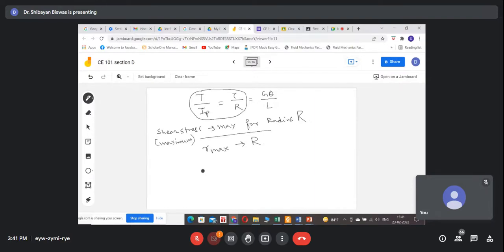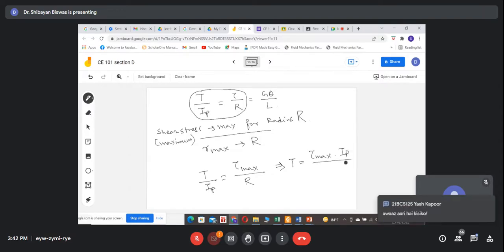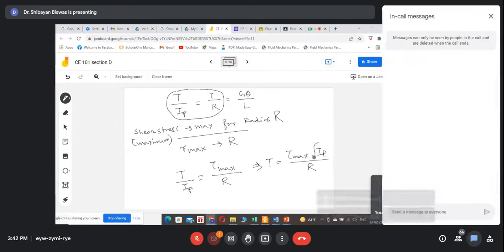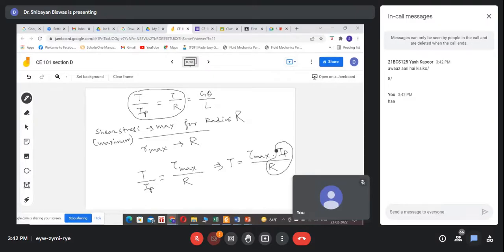So if we rewrite this portion, T by IP is equal to tau max by R, or T equals tau max into IP by R. In the last class, we also saw a relationship between the moment of inertia and the distance of the fiber.